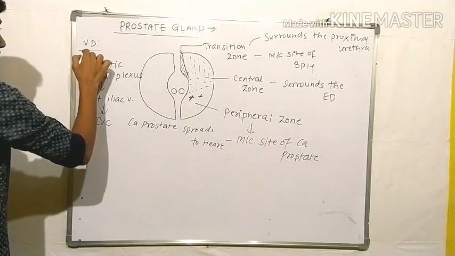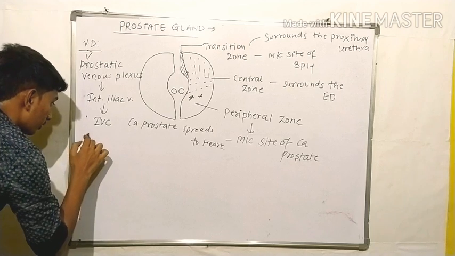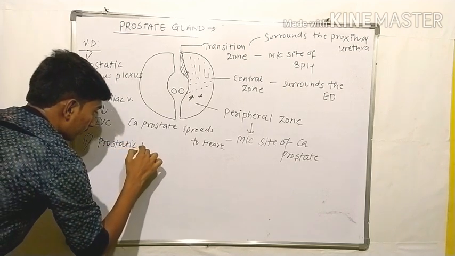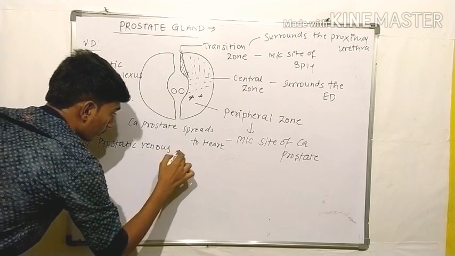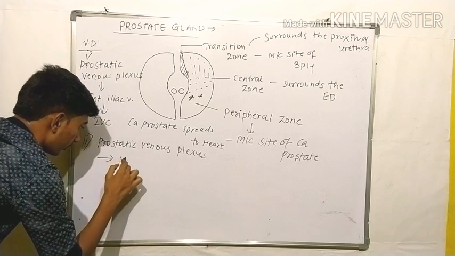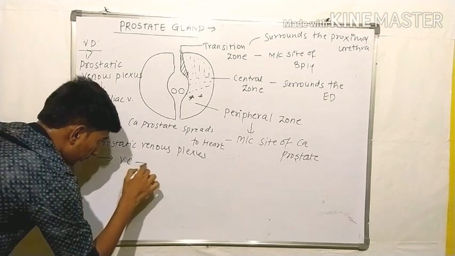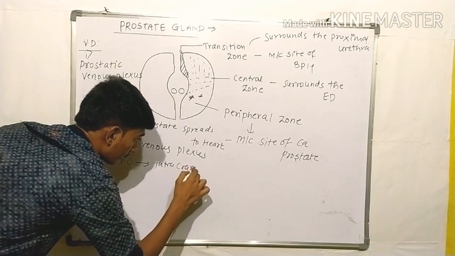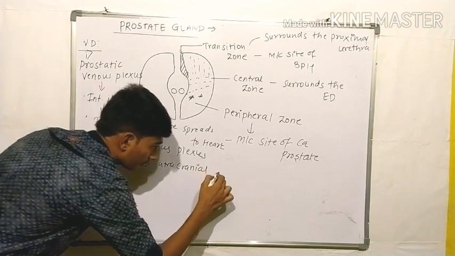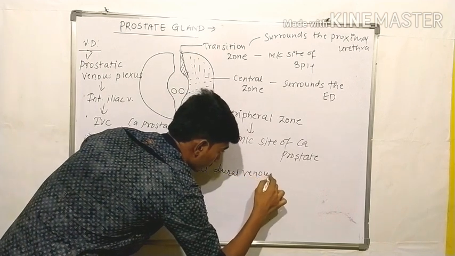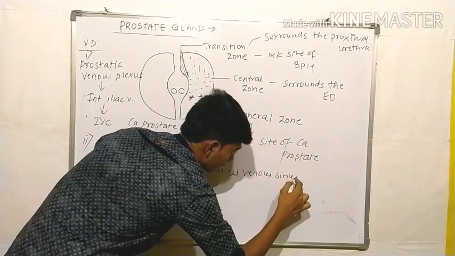Now, another pathway is the prostatic venous plexus. It drains into the vertebral column and then into intracranial dural venous sinuses.